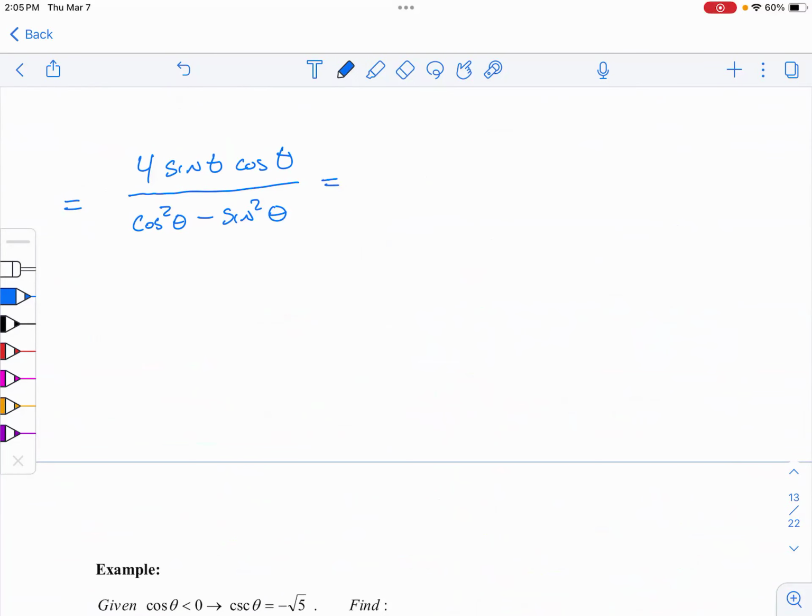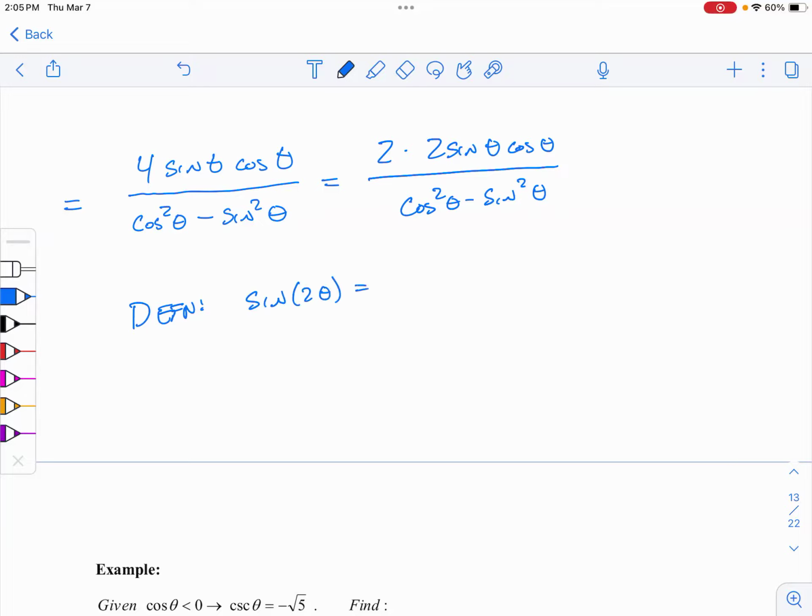So I can actually rewrite this as 2 times 2 sine theta cosine theta all over, I'm just gonna leave this one, cosine squared theta minus sine squared theta. Definition. Sine 2 theta equals 2 sine theta cosine theta. And cosine 2 theta equals cosine squared theta minus sine squared theta.